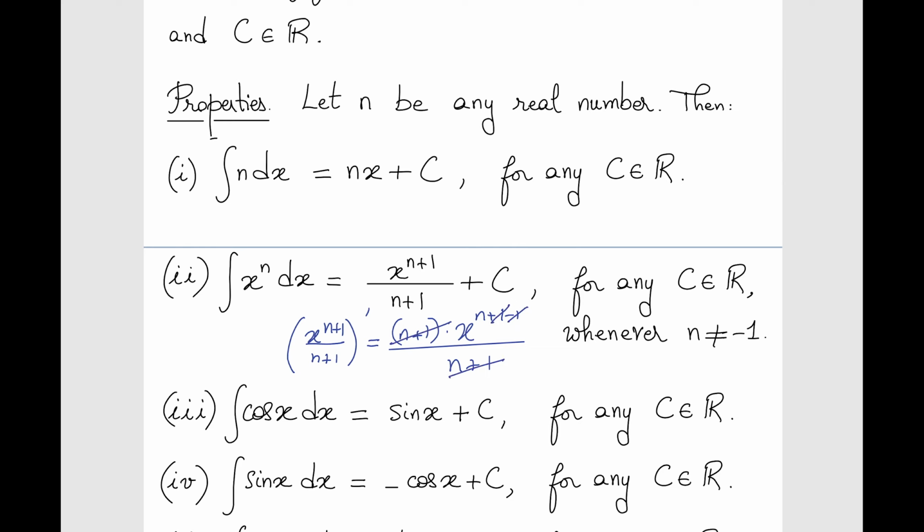The 1 and negative 1 cancel each other. What do you get back? x^n, right? So this is an antiderivative, and if you add a constant to it, you've got the most general one. Hope it makes sense. All right, let's erase all of these.